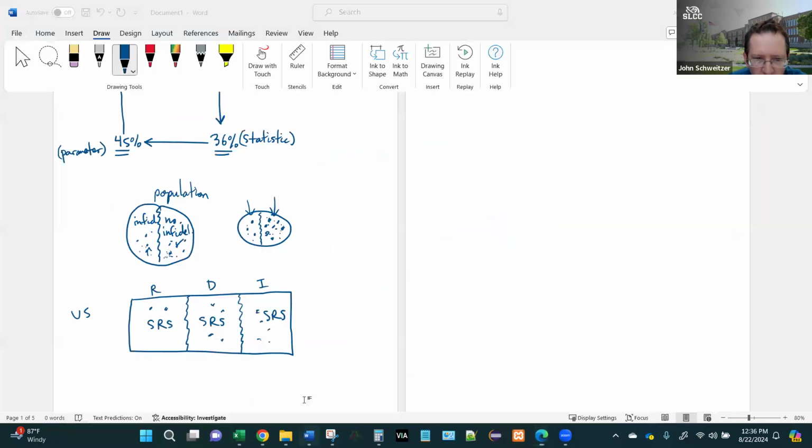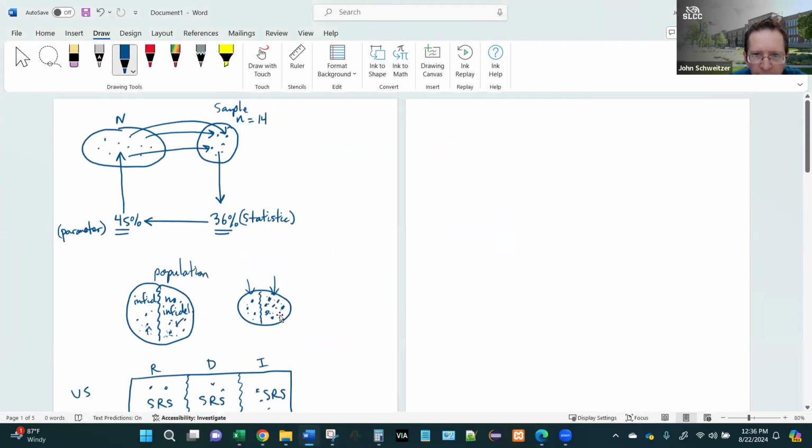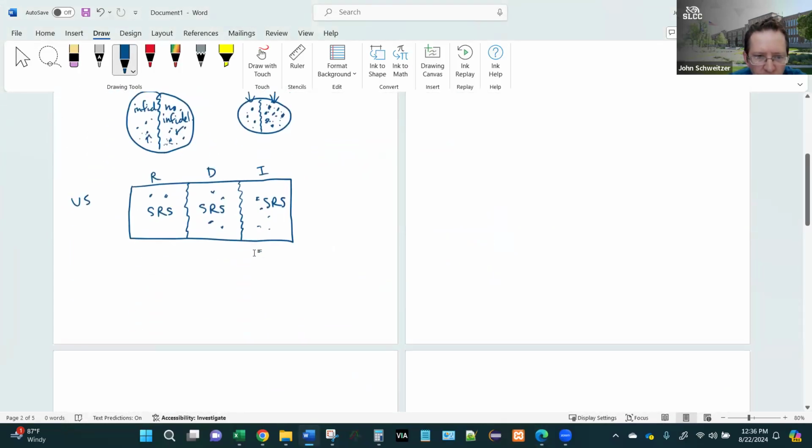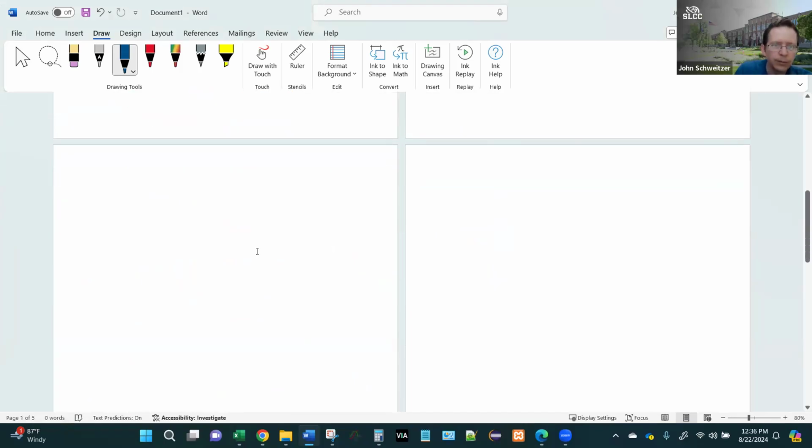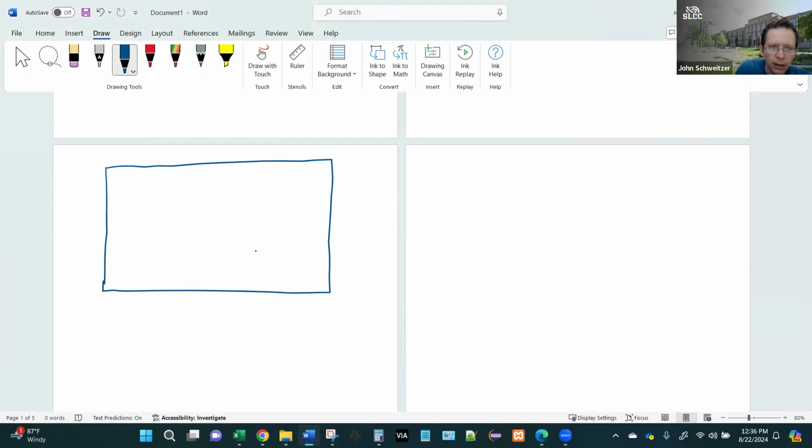Well, door-to-door canvassing is often done using a cluster sample. Okay, so think about if you are canvassing a city, right?